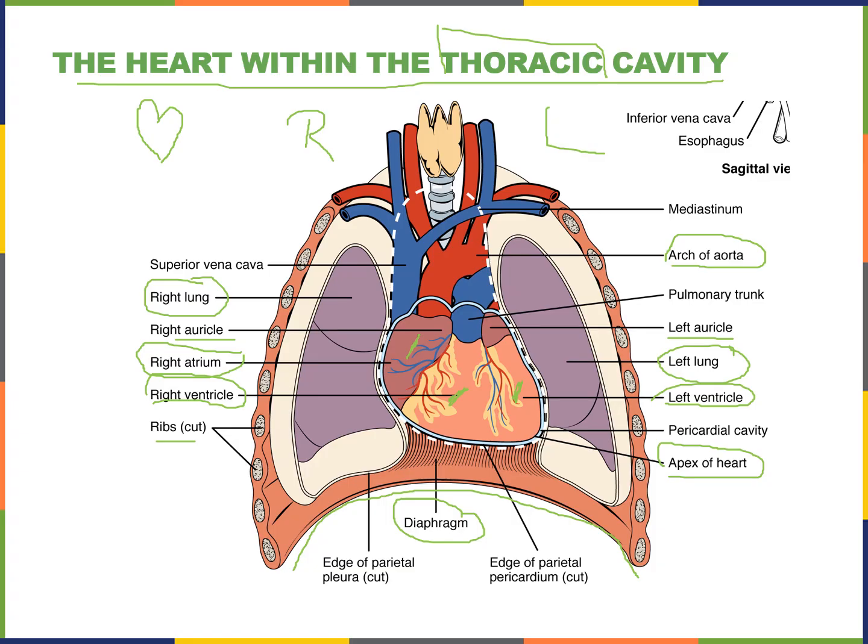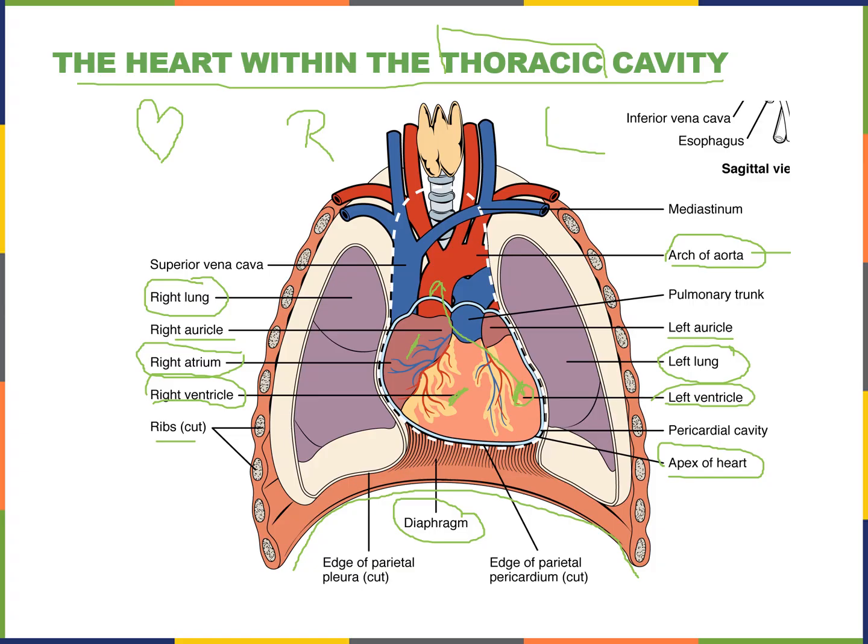So we know that the aorta is a major artery, the largest artery, and you can think of it as being attached to the heart itself. So what we will learn is that the left ventricle here pumps blood directly to the aorta.